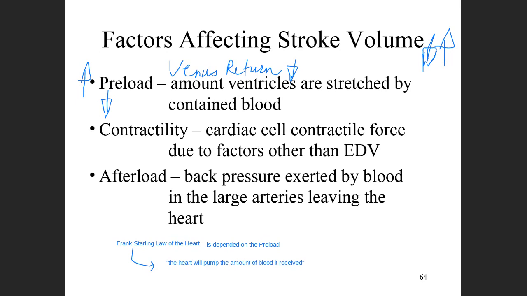So if more blood goes in, more blood goes out. Less blood goes in, less blood goes out. That's the bottom line. That's the Frank-Starling law of the heart.